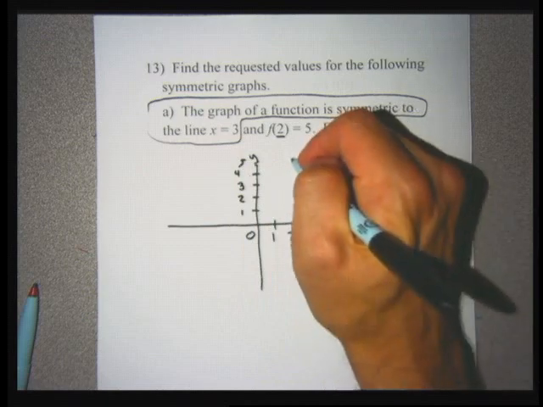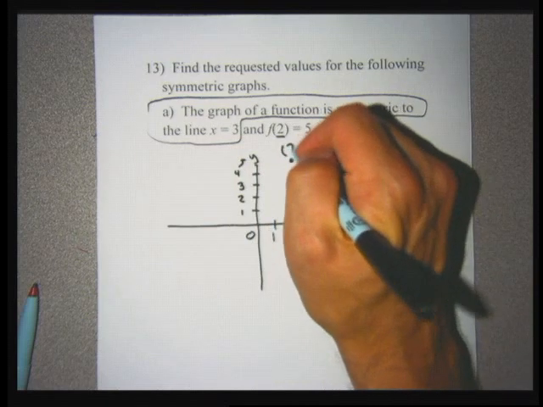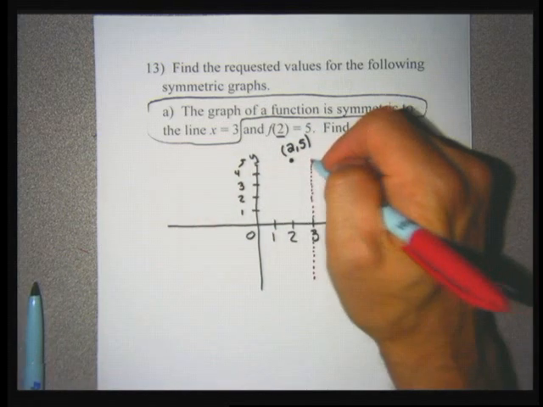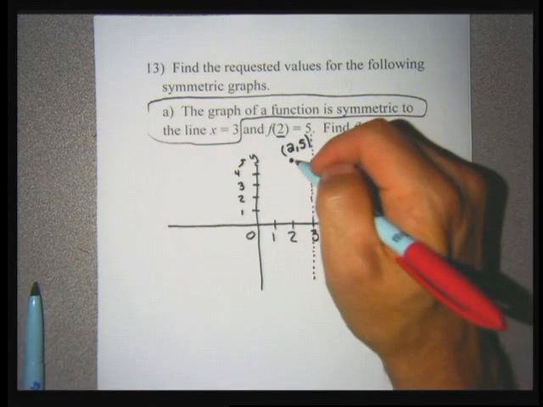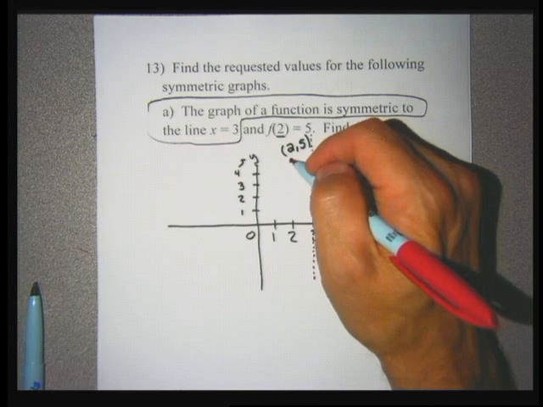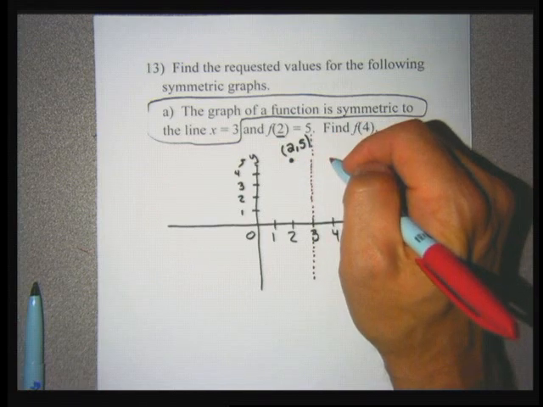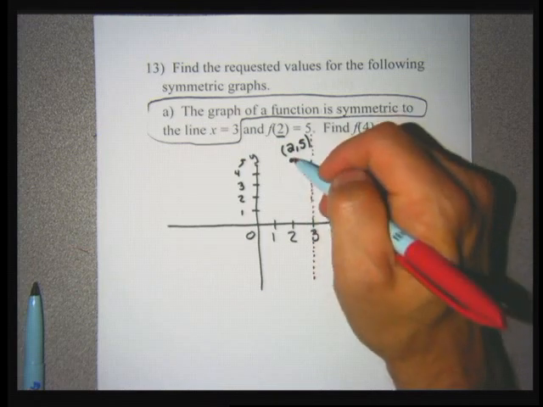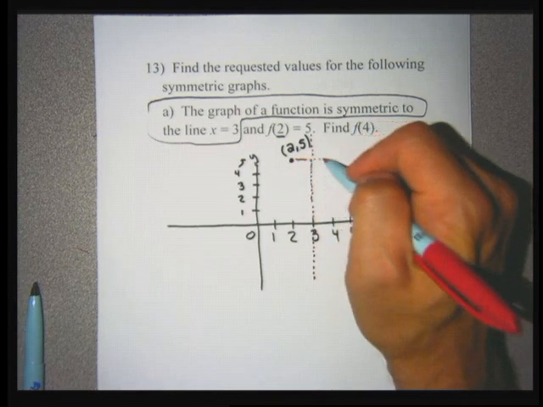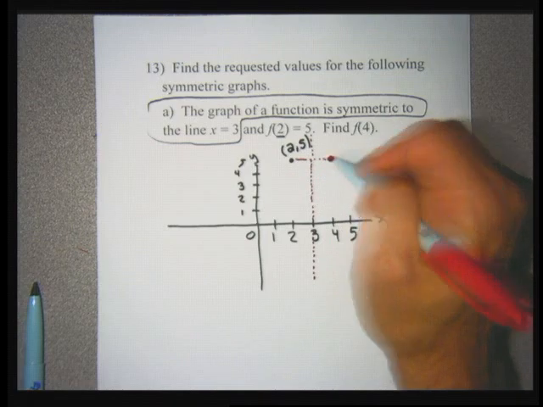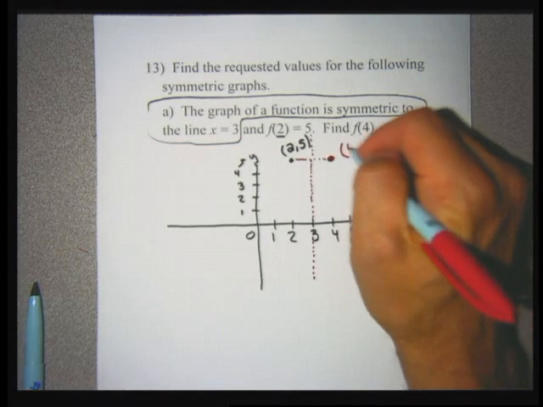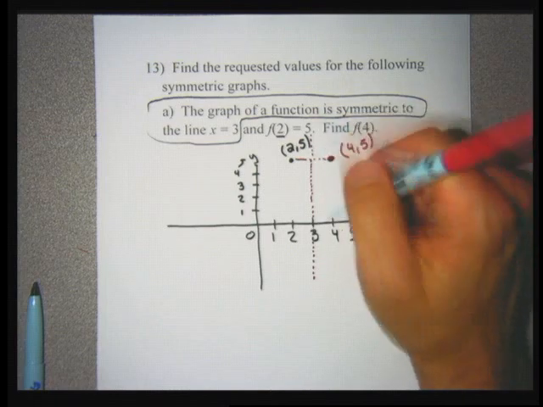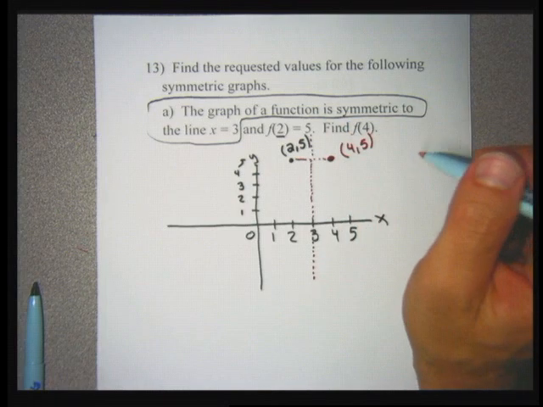So this f of 2 equals 5 gives me the point 2, 5, and because of this line of symmetry, I know there's a point exactly on the opposite side of this line, the same distance away from this line, that's also part of this function. So the point of symmetry would be this point 4, 5, because it's exactly the same distance away from the line x equals 3, which is my line of symmetry.